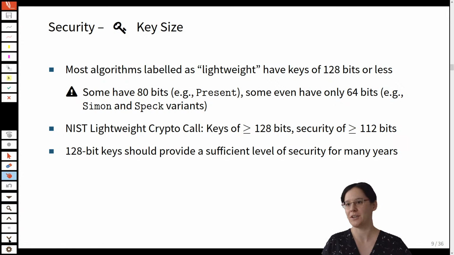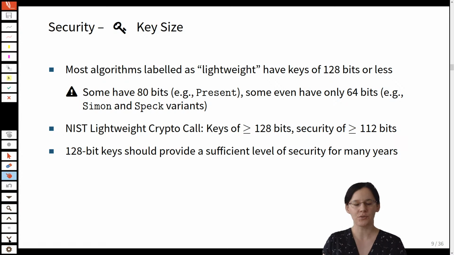Okay, so back to security. One of the things that is, of course, immediately linked with security is the key size that you support. When you suggest to make something lightweight, very often the first association that people have is, okay, let's make the key a bit smaller.